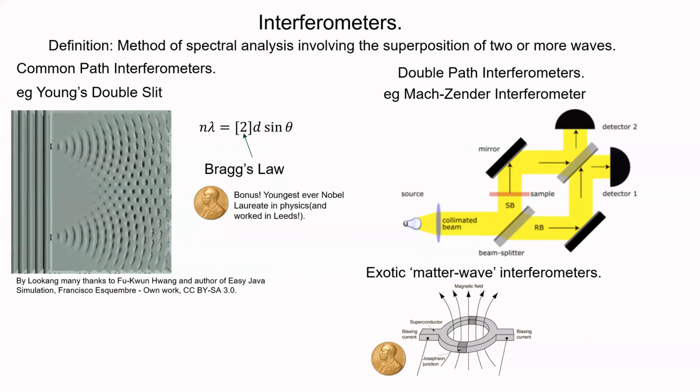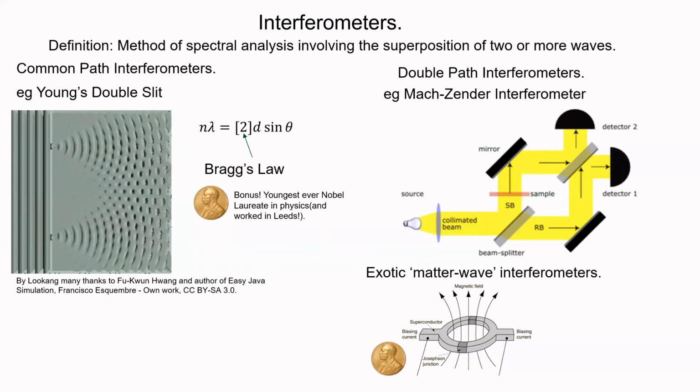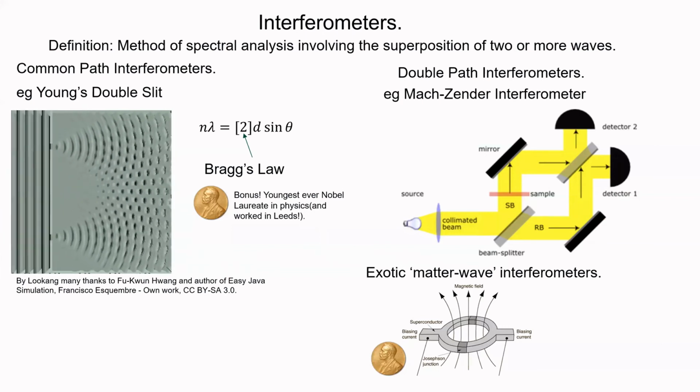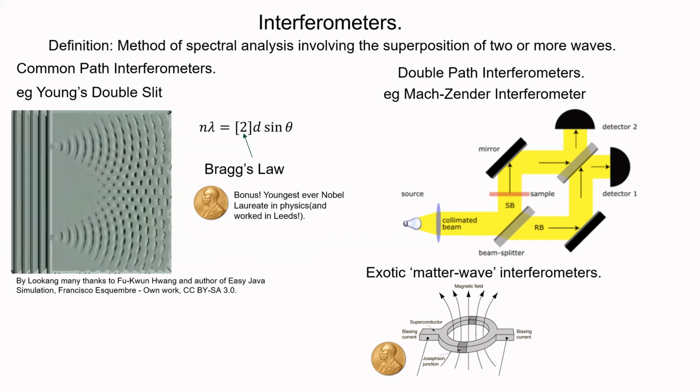The simplest example of this is, of course, a Young's double slit. In this case, the incident radiation goes through two slits, and then after that, the radiation travels through essentially the same part of the experiment. So it's a common path. And so you then obviously pick up the characteristic diffraction pattern.